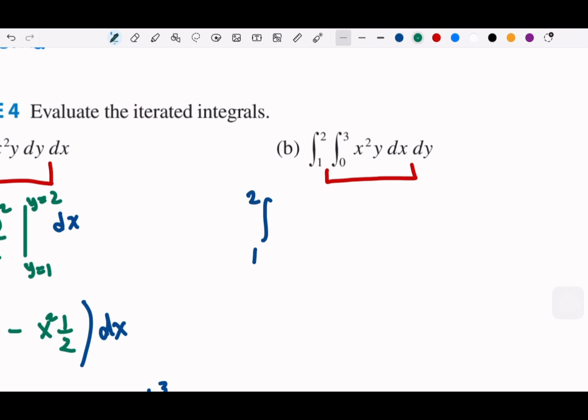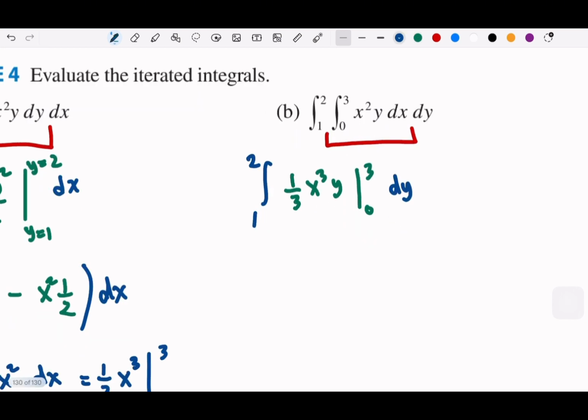The inside will be 1 over 3 x cubed y from 0 to 3, and then dy. So let's input 27 over 3, and then this will be y, right?